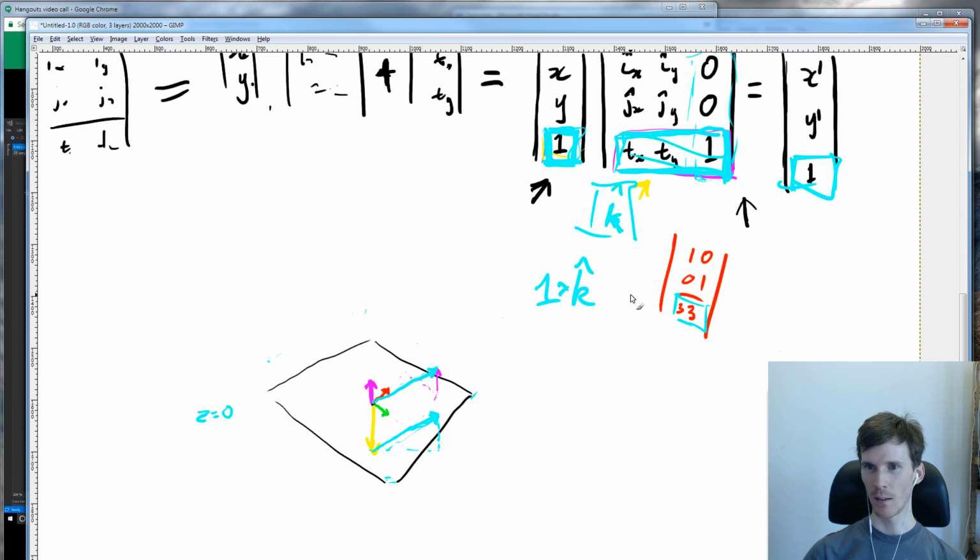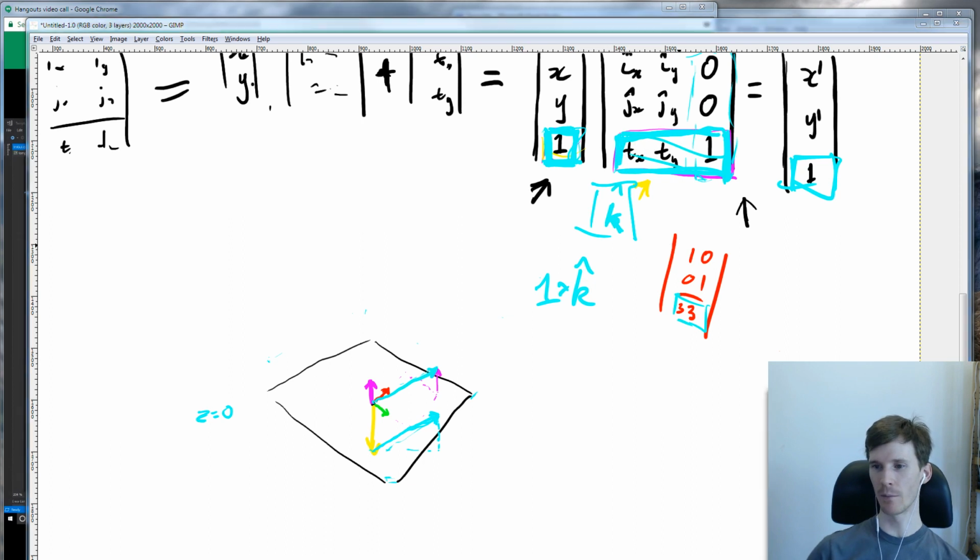And so that's how you say, right, well, I just want to add these two. So it ends up being plus 1 k hat, because it's like x i hat plus y j hat plus 1 times k hat.